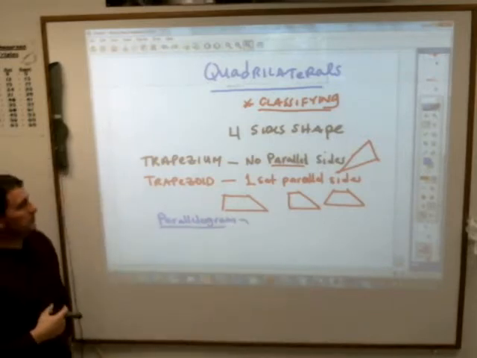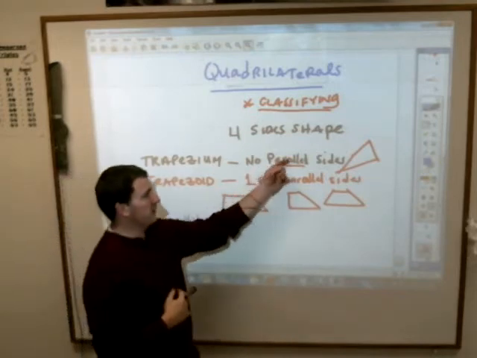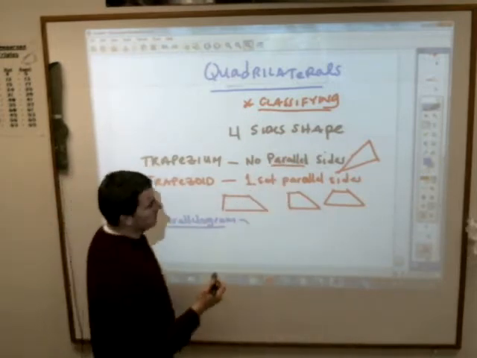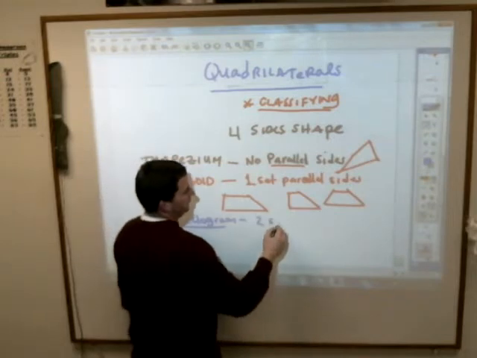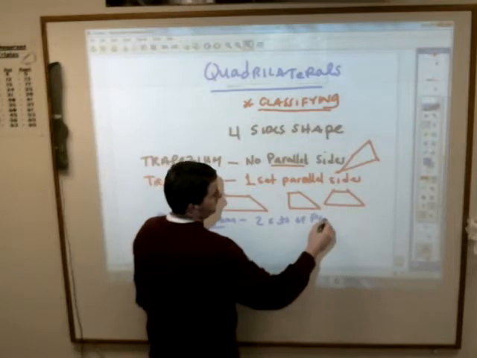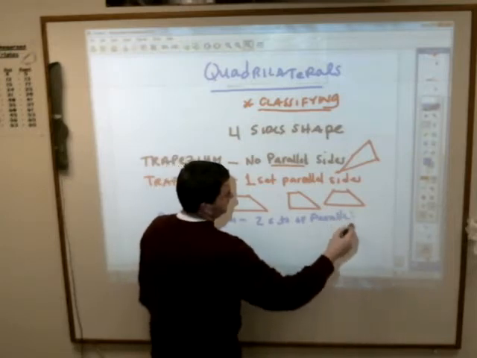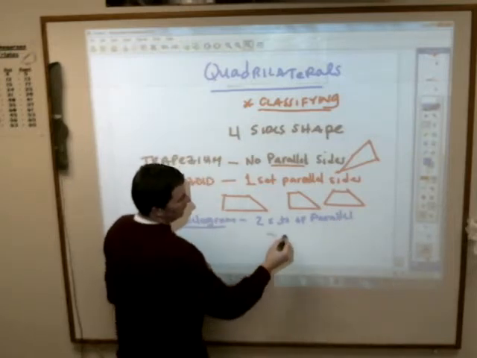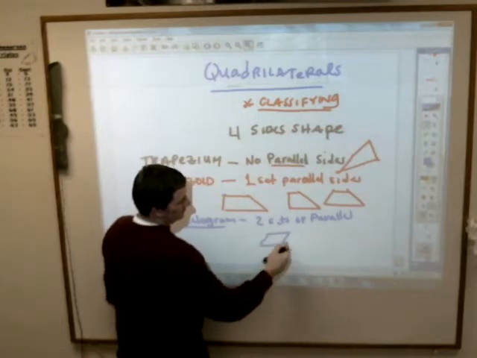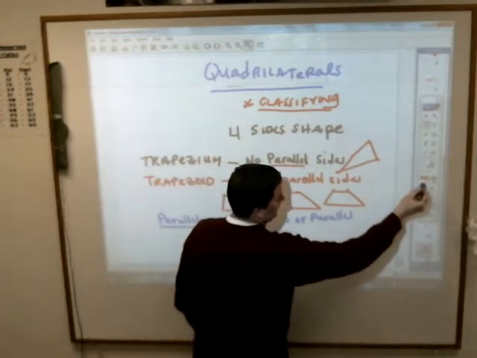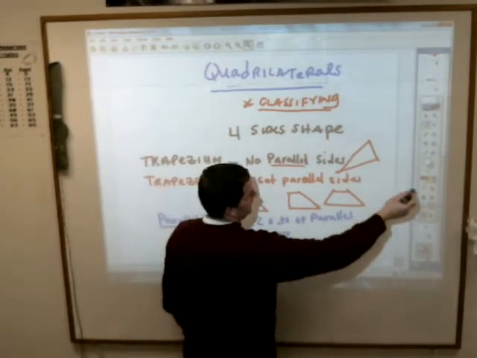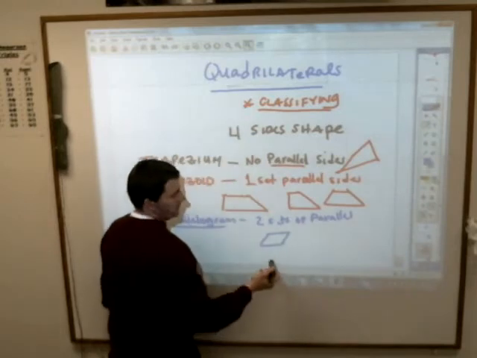If we've talked about a shape that has no parallel sides and one set of parallel sides, obviously the next one is two sets of parallel sides. So 1, 2, 3, 4. A parallelogram means that all the sides are parallel to a different side there.